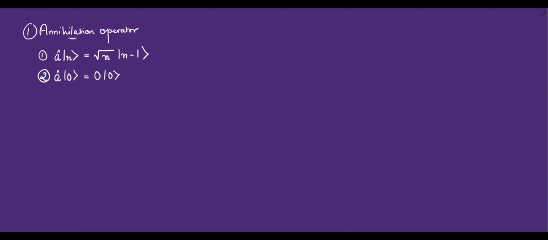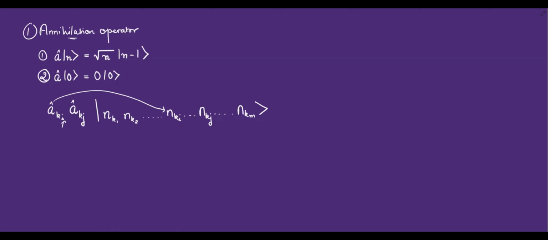Now, if we have a multimode Fock state, let us take an example to understand how this operator will act. Say this is the multimode Fock state, n k1, n k2, n ki, n kj, n km. The operator a cap ki will act on this particular mode of the Fock state, and another operator will act on this other mode.